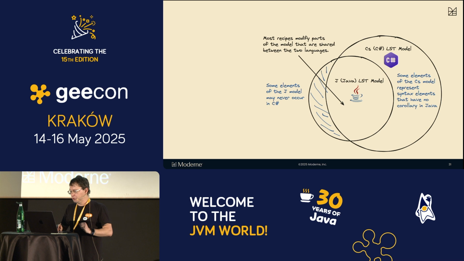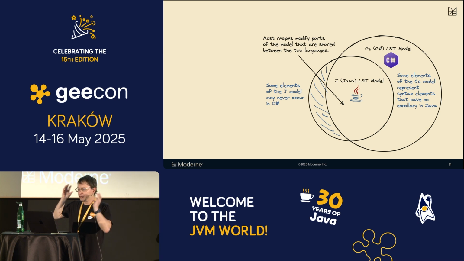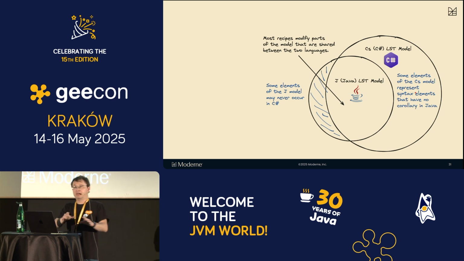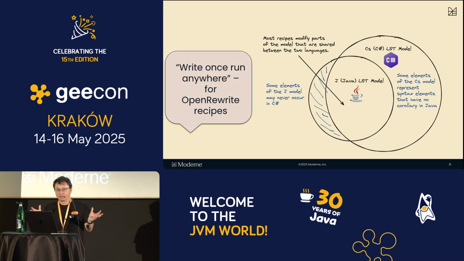So we can reuse this core part of the LST model in other languages and create a language-specific LST model only for those elements that are not the same as in Java. And by having the same LST model for different languages, we can also reuse the existing Java recipes to run on an LST model built for other, non-Java languages.